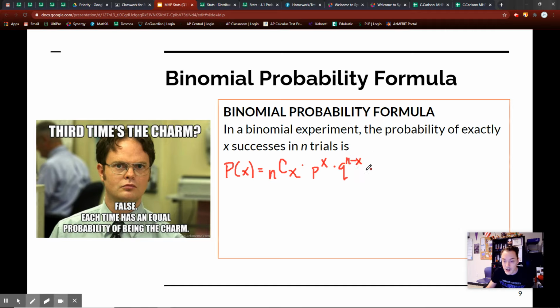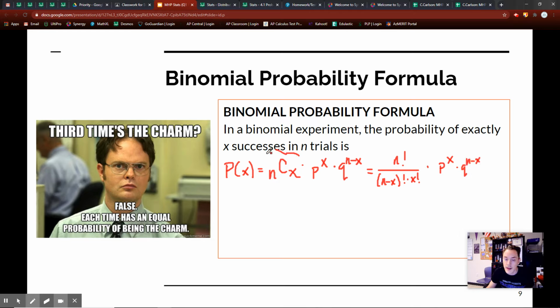This also can equal N factorial over N minus X factorial times X factorial, times P to the X power times Q to the N minus X.